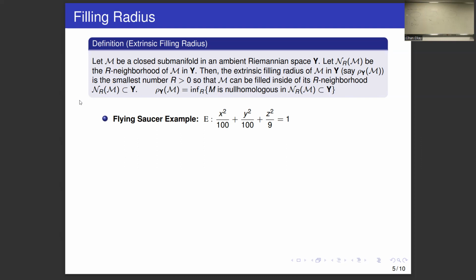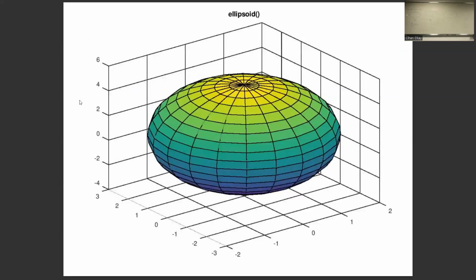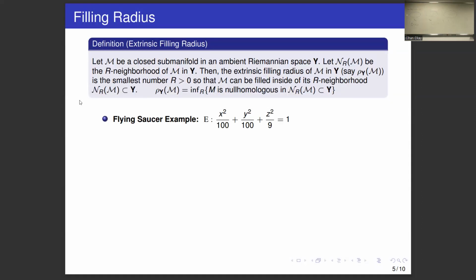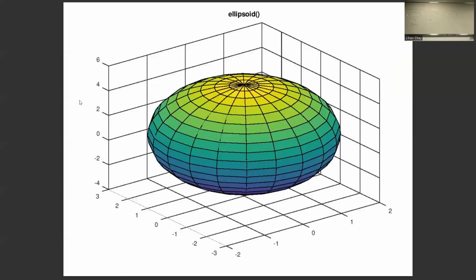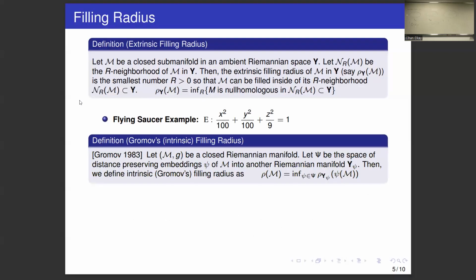But Gromov's filling radius, well, this is the ellipsoid, for example. In the ellipsoid, you can see it here, all neighborhoods, and then the filling radius of this guy will be the smallest axis, which is 3. When you hit 3, it will get filled. You have a solid ellipsoid, and then it becomes trivial. Okay? And Gromov's filling radius is the more important and famous one in metric geometry. It doesn't have an ambient space.